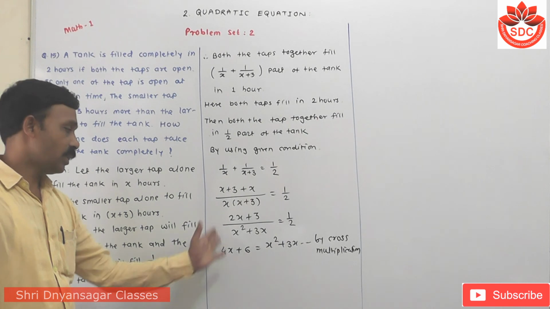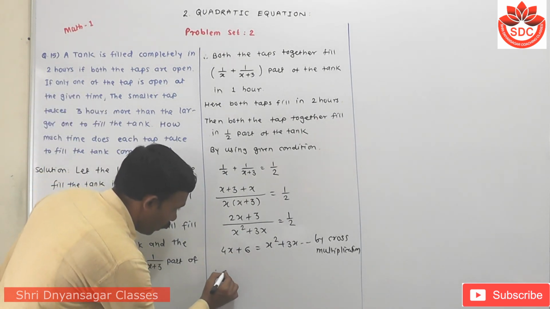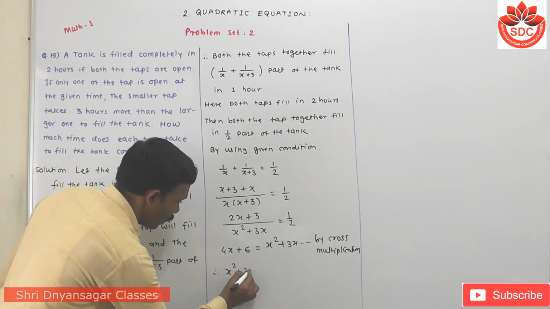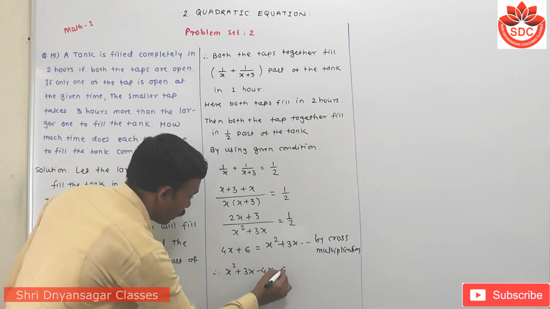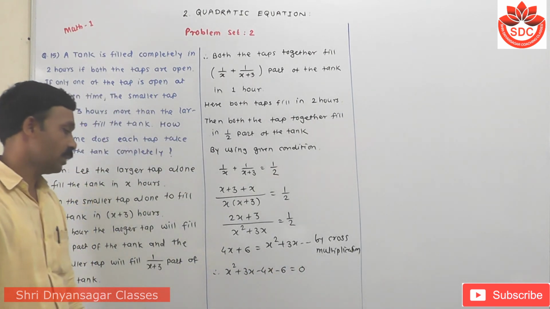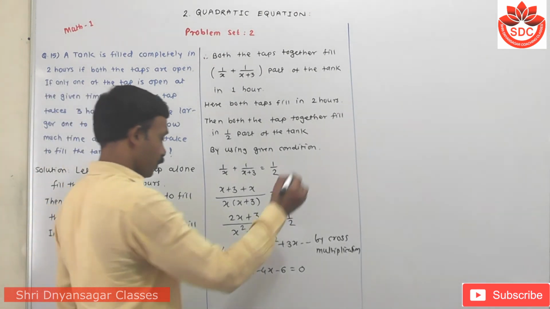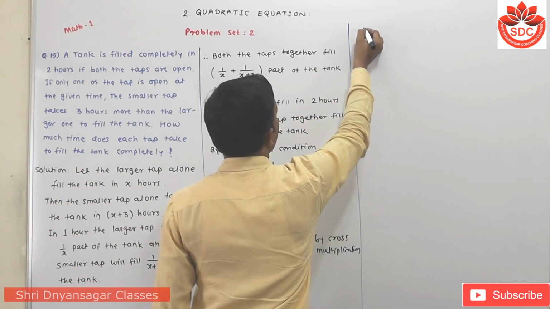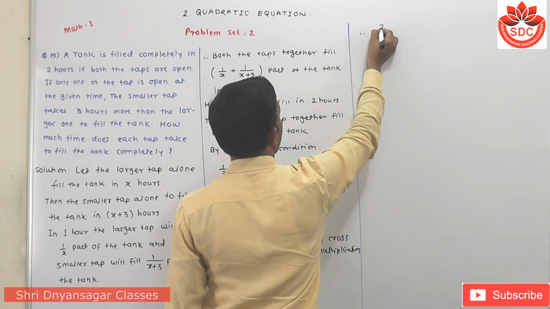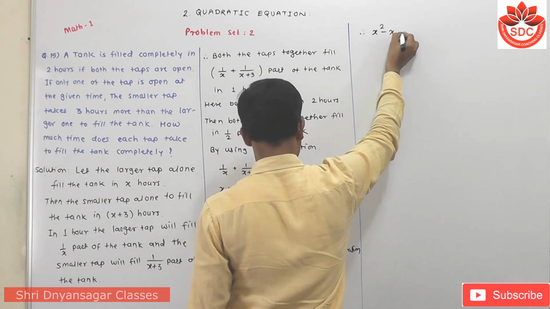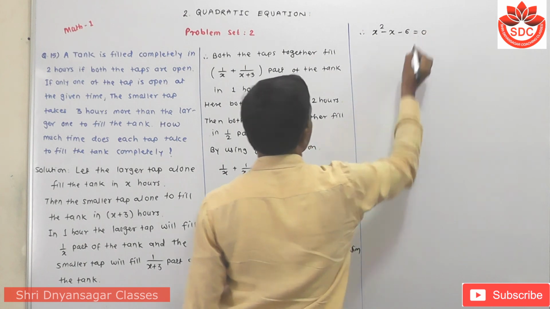Then I transfer this to this side, therefore x square plus 3x minus 4x minus 6 is equal to 0. The subtraction becomes minus x, therefore x square minus x minus 6 is equal to 0.